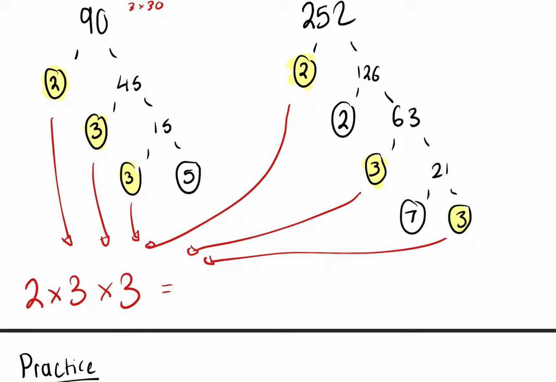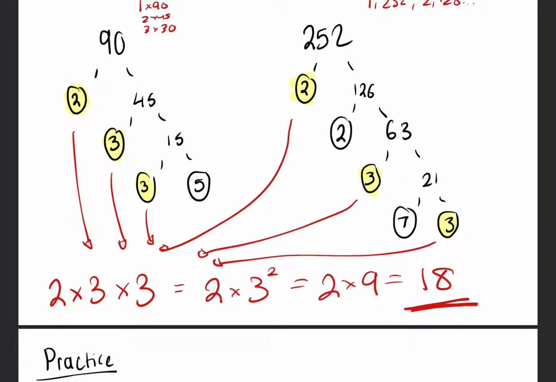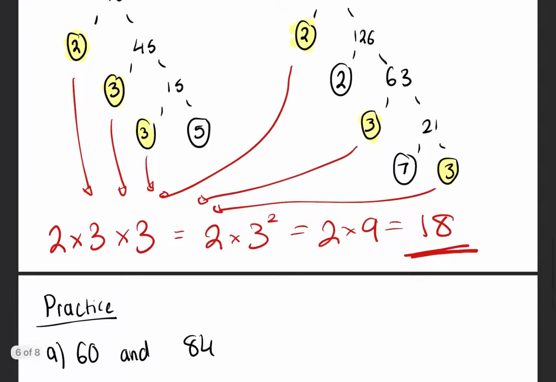That's it. 2 times 3 squared, and that's going to be 2 times 9, and that equals 18. There we are. Highest common factor of 90 and 252 is 18. Because you just find what the common prime number factors are, and you multiply them together.